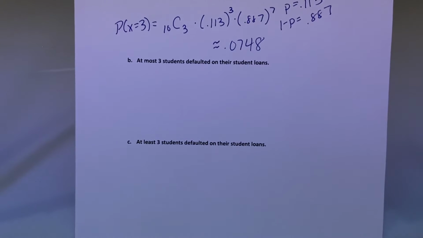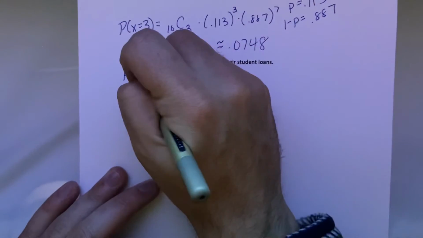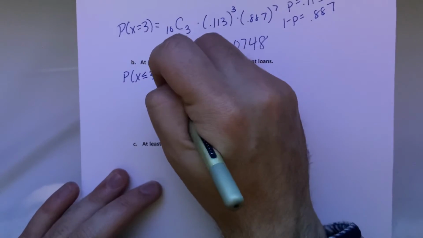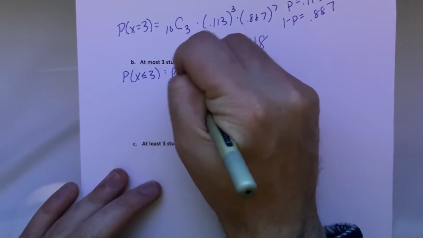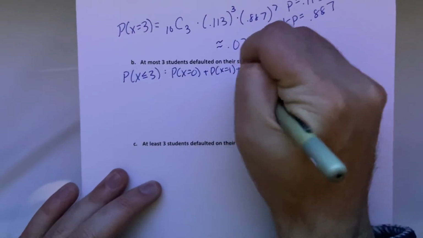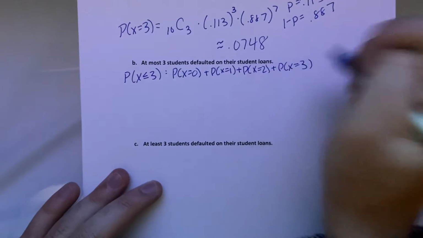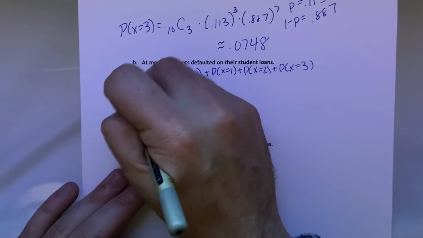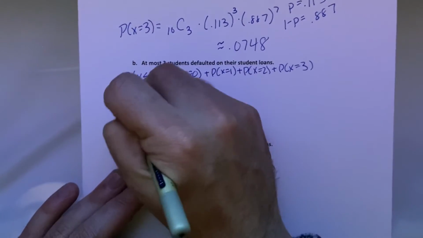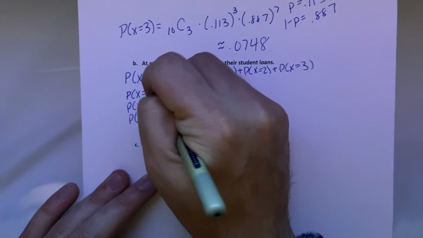At most, 3 students defaulted on their student loans. That's probability of x is less than or equal to 3, which means I need probability that x is equal to 0, 1, 2, and 3. Now the good news is I already did 3. So what do I have to do here? I need 0, 1, and 2.